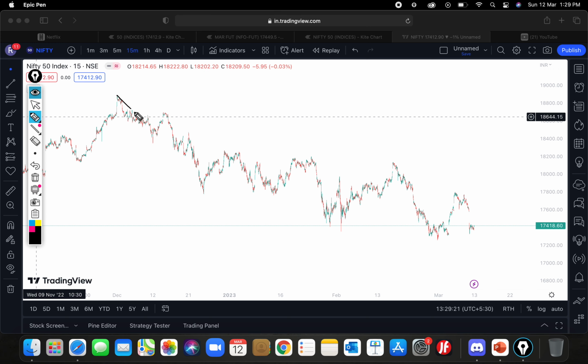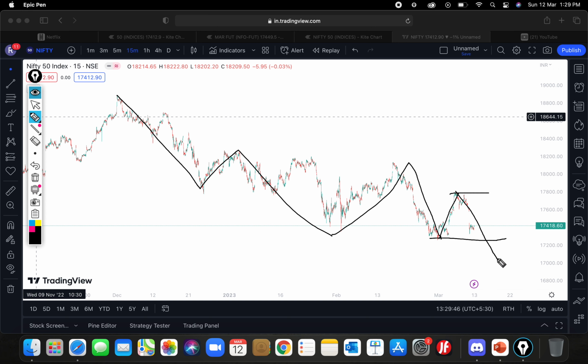We have a higher point, a low, a lower high, a lower low, again a lower high, again a lower low. So this can be our lower high. If the market breaks this particular level, then we will have a new lower low creation.